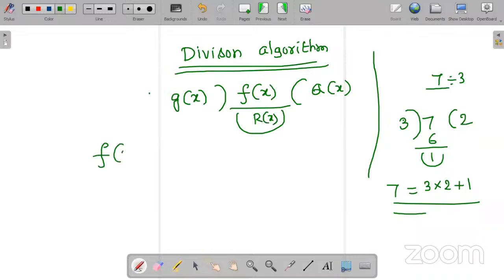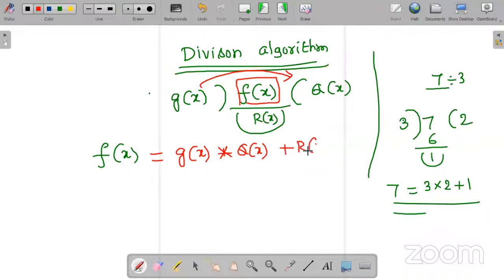In a similar manner, we can write here also. This f of x is equal to g of x into q of x plus r of x. This is multiplication, g of x into q of x, plus r of x.